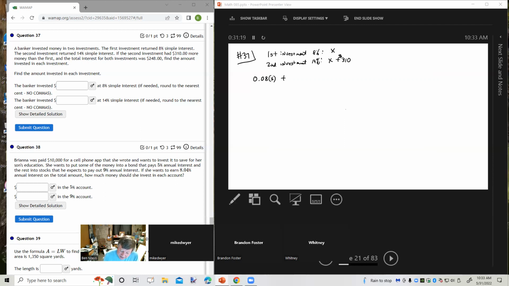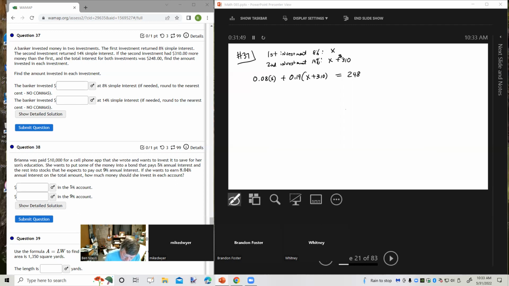The interest for the second investment would be 14% times the amount of investment. So we've got interest from the first investment plus interest from the second investment would equal the total amount of interest, which is the $248. So here is our equation. Any questions on how I got that equation before we go on?